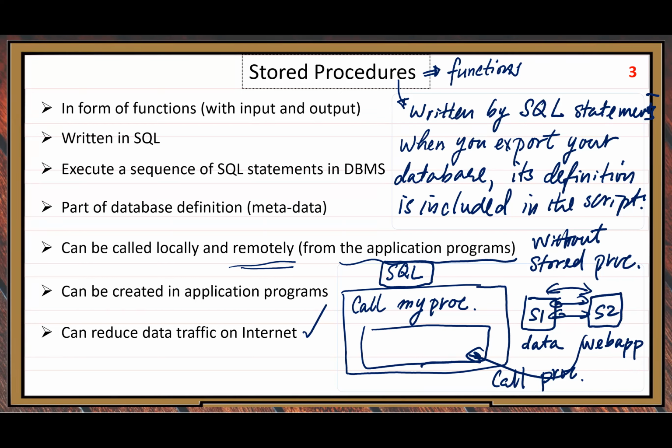It's much more efficient and much faster. You will see the response time is much faster. This is one of the biggest advantages of the stored procedure way. So it's important.